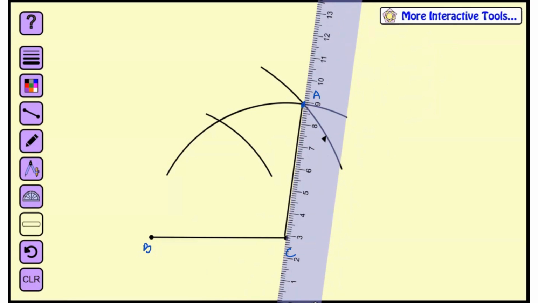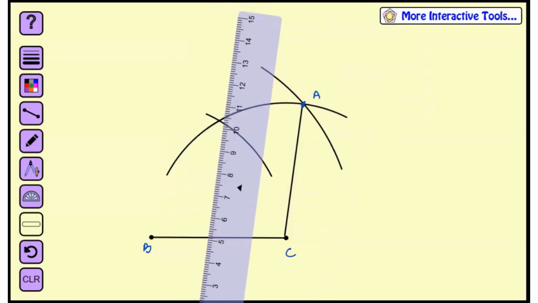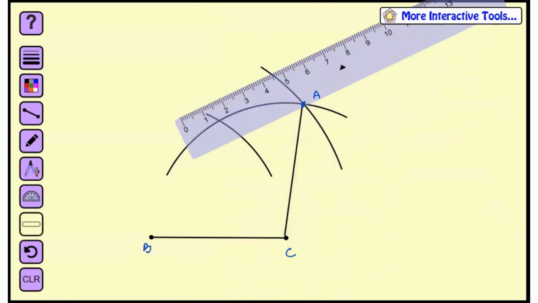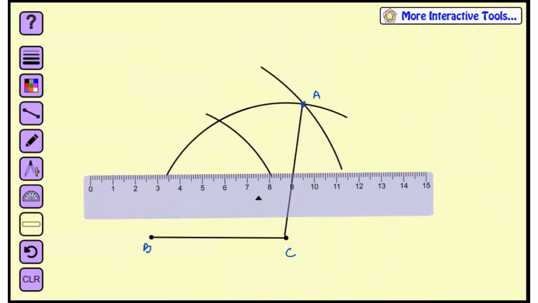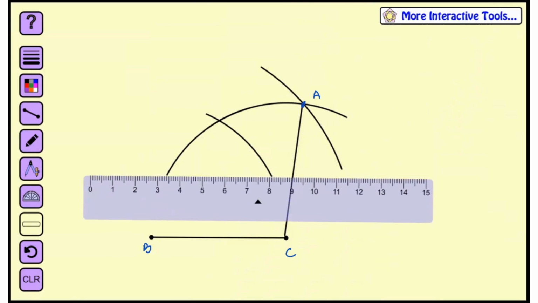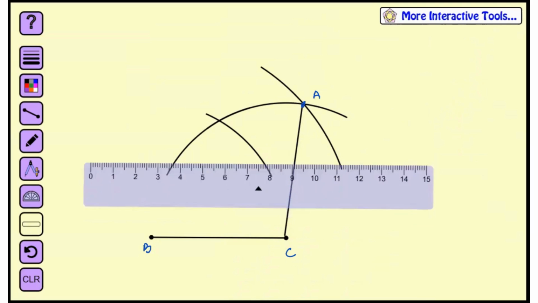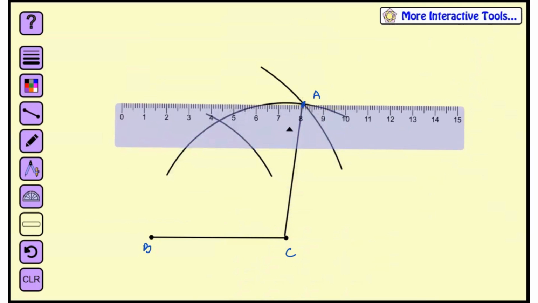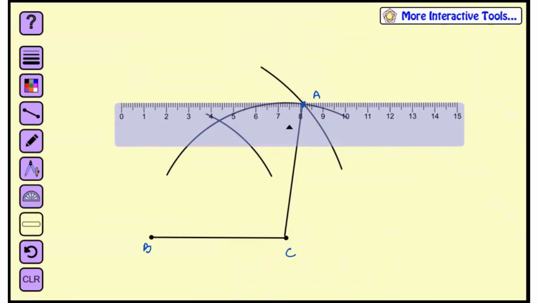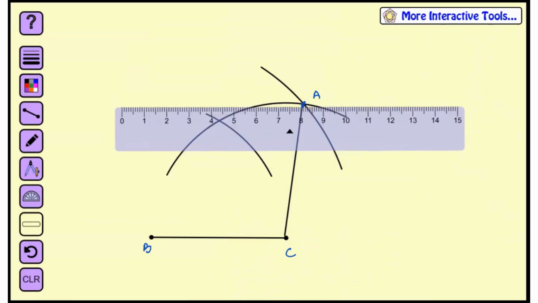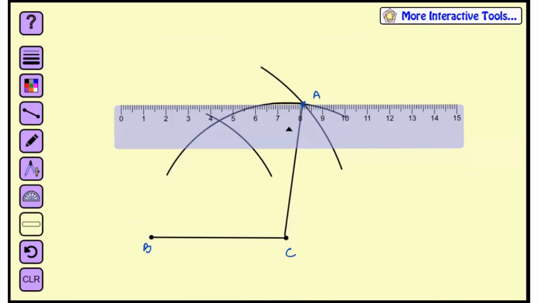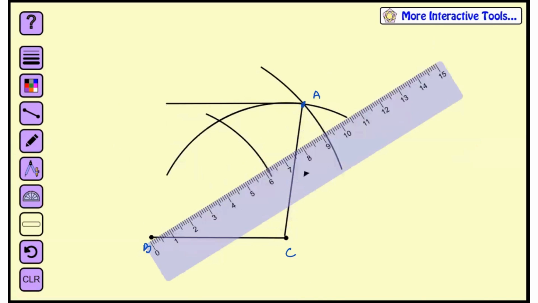With this, and then you repeat the same steps over here, draw a horizontal line. Then again, we connect this from here.